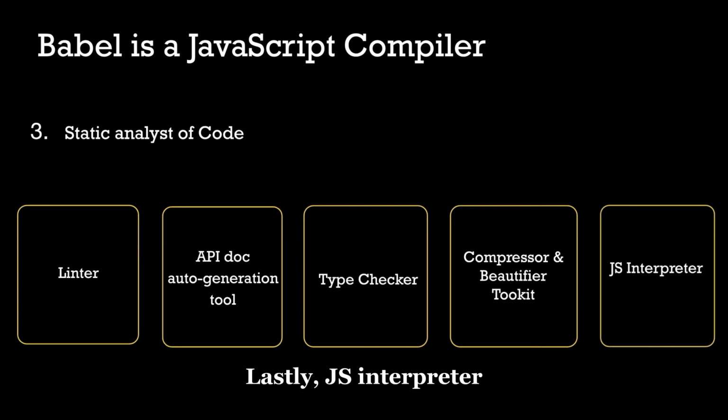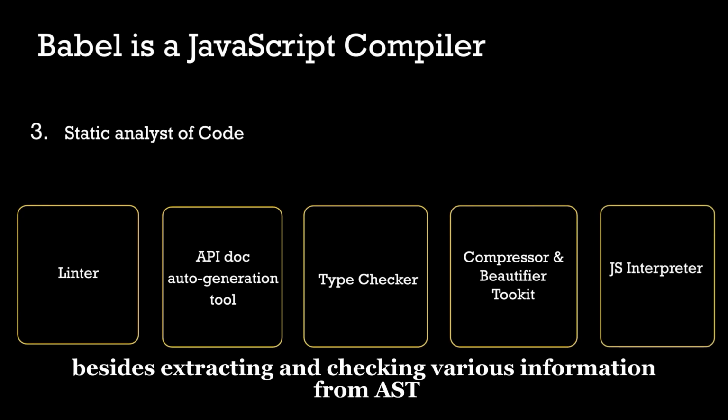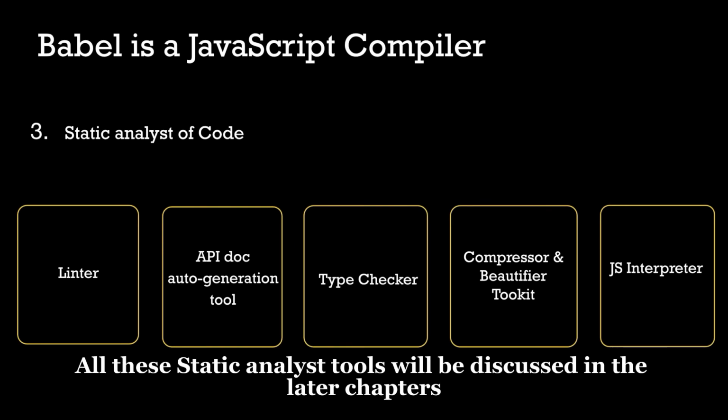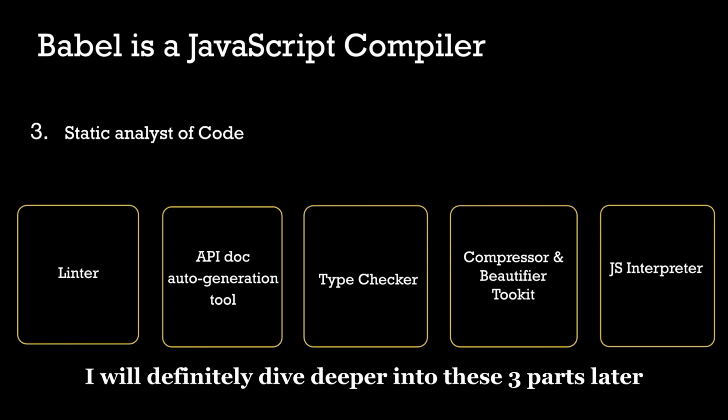Lastly, will be the JS interpreter. Besides extracting and tracking various information from AST, we can also directly interpret and execute AST. So all these static analysis tools will be discussed in the later chapters, and I will definitely dive deeper into these three parts later.